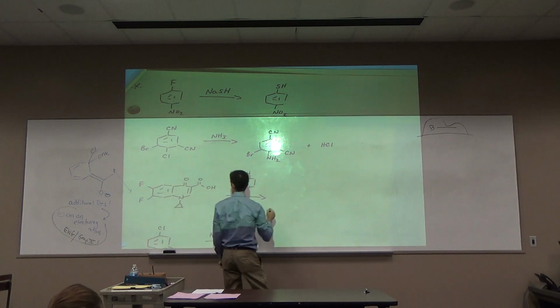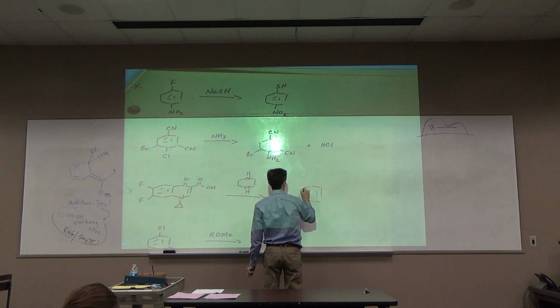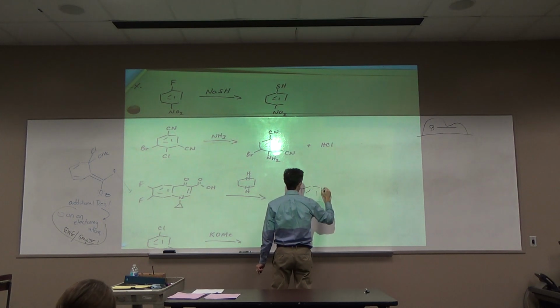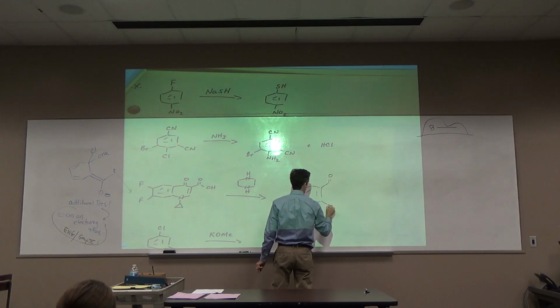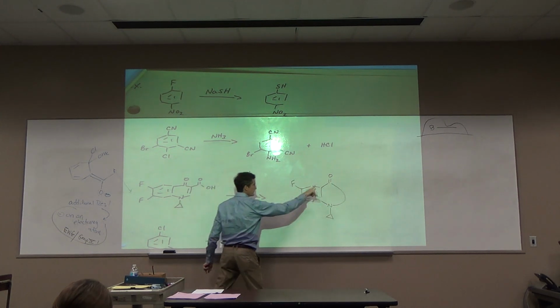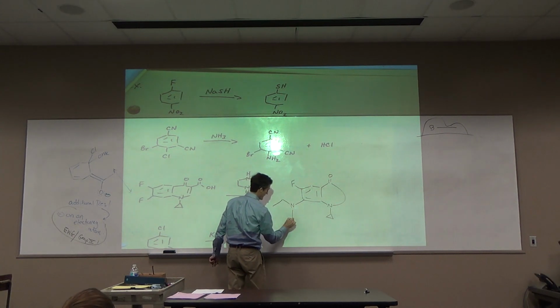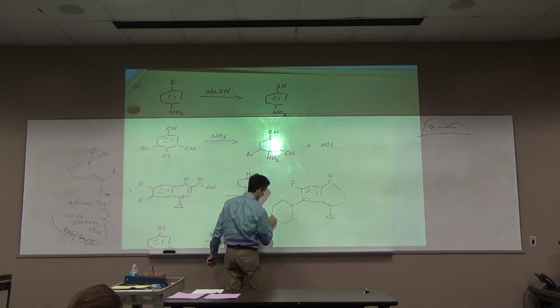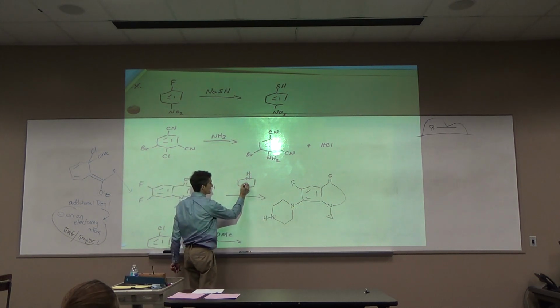And the product here is going to be, I won't redraw the whole thing. I'll just cut it off over there. The rest is over there. Now, instead of the F, we have this, and that is a 6-membered ring.